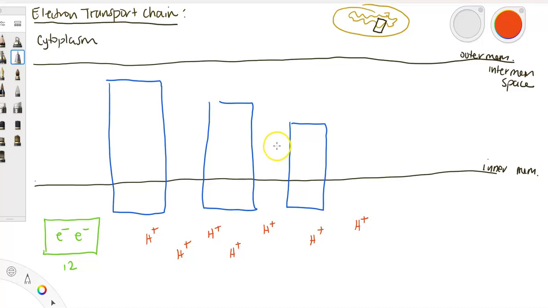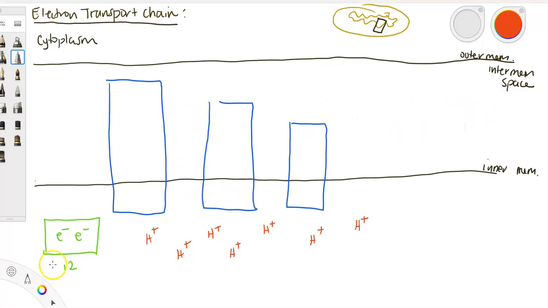And what we're going to do is use these high energy electrons to fuel these proteins, which are pumps, and we're going to pump these hydrogens into the intermembrane space. And we're going to create a gradient. We're going to create a bunch of hydrogens out here that are going to want to go back into the matrix. And we're going to do that with these electrons.